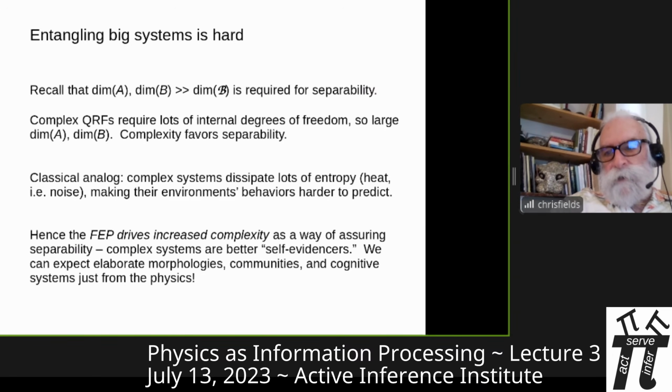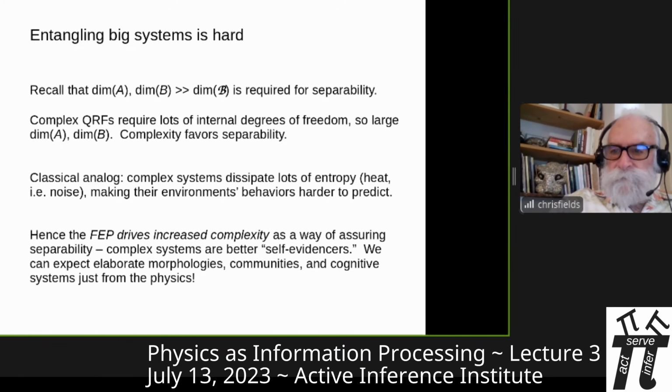But by working very hard, it's dumping a lot of entropy into its environment. And putting in that extra entropy makes the environment's behavior even harder to predict. So the more you work at predicting what the environment is going to do, the more you yourself make the environment's behavior less predictable. And this is the paradox of the FEP, which is not really a paradox. It's just what the physics does.